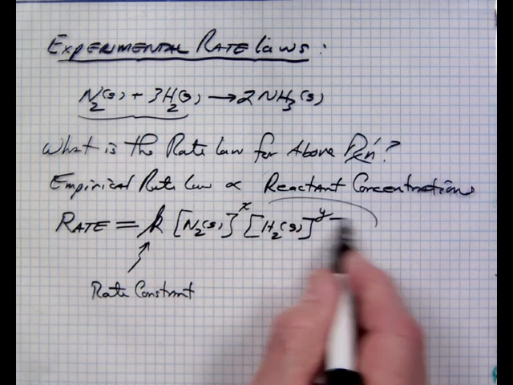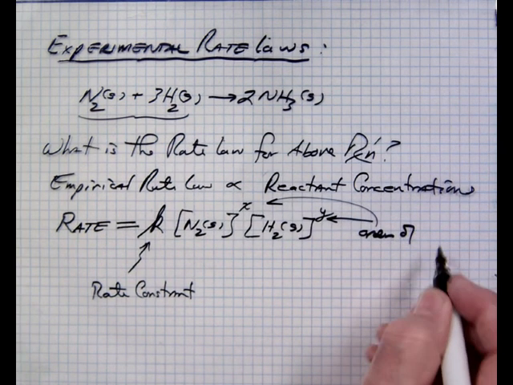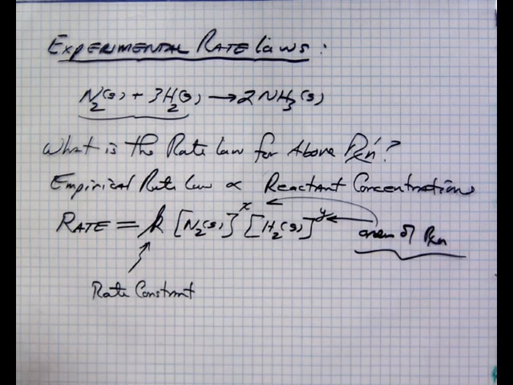The x and the y are known as the order of reaction. Order of reaction reflects or identifies the rate behavior of the component of the reaction.